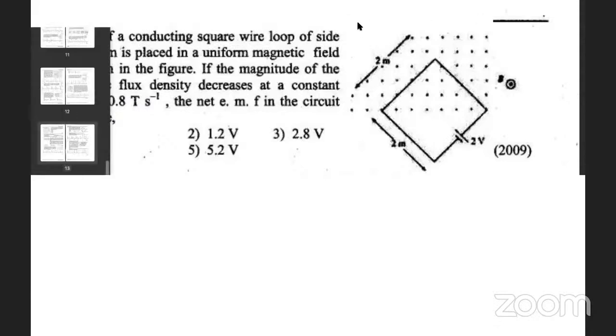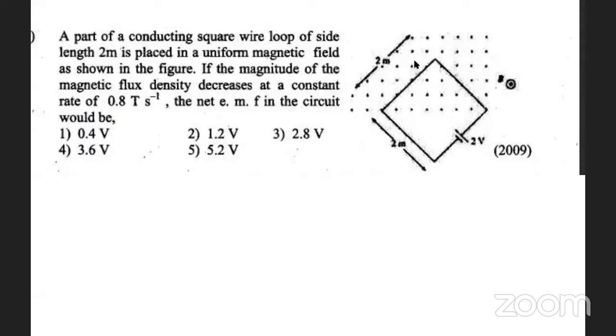This is a question where you can implement both Lenz's law and Faraday's law. Part of a conducting square wire loop of side length 2 meter is placed in a uniform magnetic field as shown in the figure. The magnitude of the magnetic flux density decreases at a constant rate of 0.8 Tesla per second.